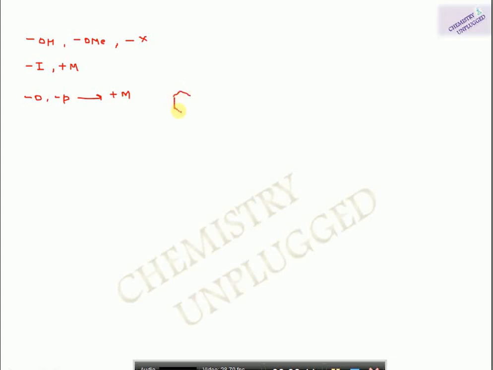Suppose we substitute OH at the para position, then it acts with a plus M effect, and it will donate electrons to the COO minus, and when the negative charge carrying moiety is given more electrons, it will become less stable. When we substitute OH at the meta position, it will not show the plus M effect, because at the meta position it is not possible. So it is only showing the minus I effect.